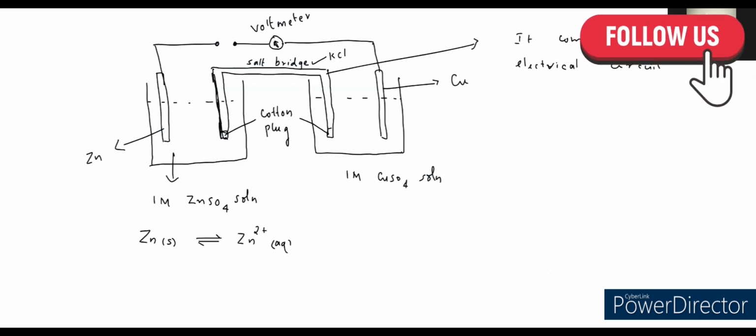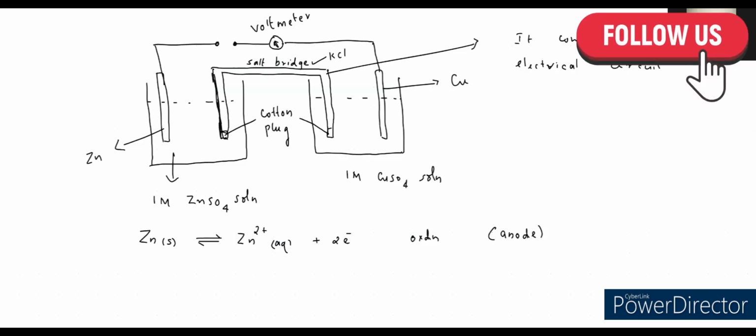Also, it releases two electrons. Point number one: the process which takes place here, zinc becoming Zn2 plus, is called oxidation. And the electrode at which oxidation takes place is called anode.